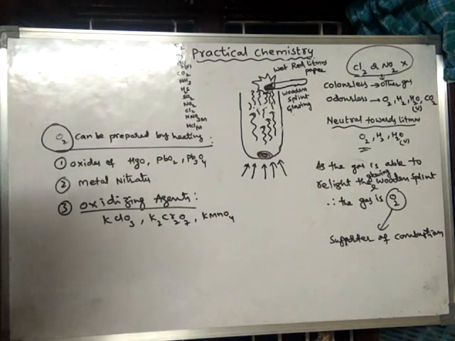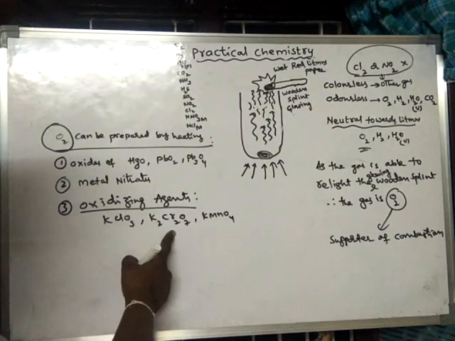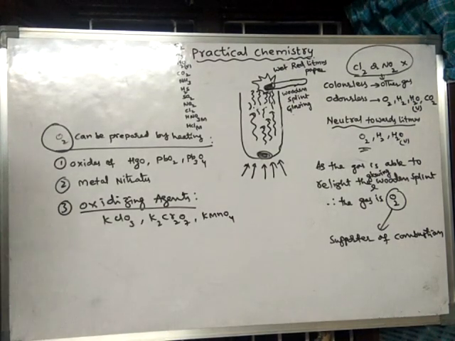This is called potassium permanganate. This is called potassium dichromate. This is called potassium chlorate. All these things we learnt in our language of chemistry lesson.